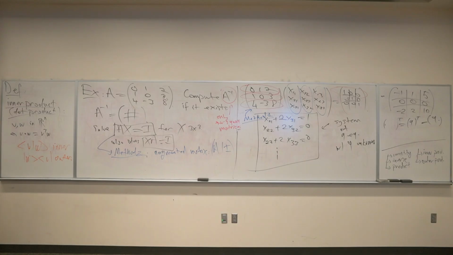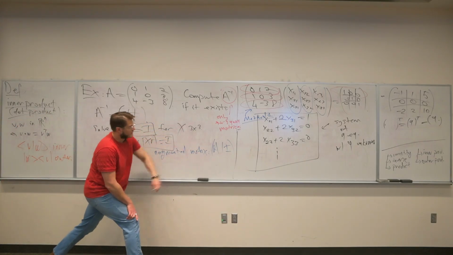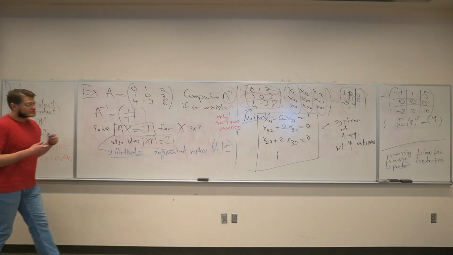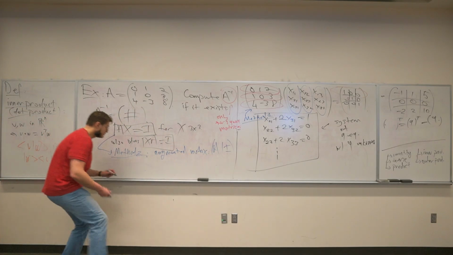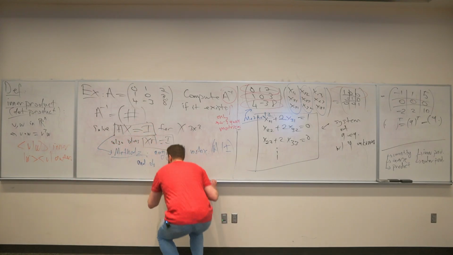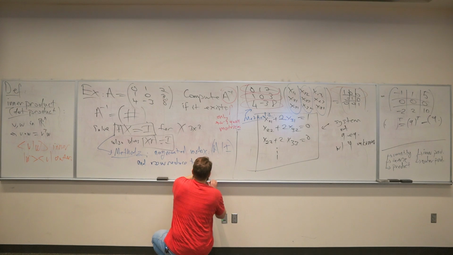So start with this, transform it into the augmented matrix like so. This is a 3 by 3. Do row reductions until you get identity on the left, something on the right.